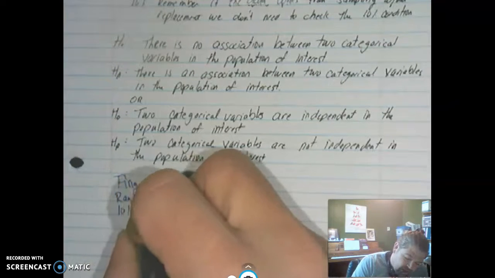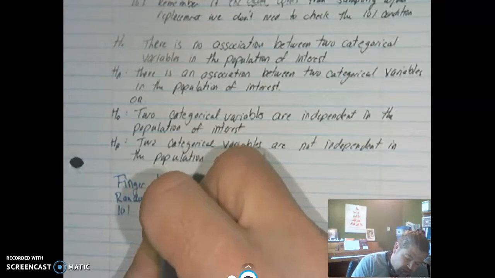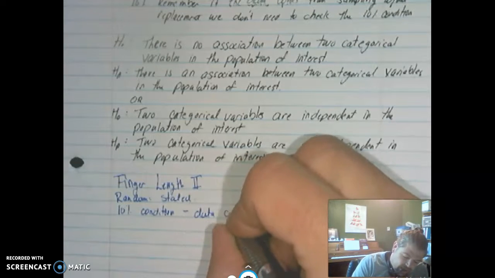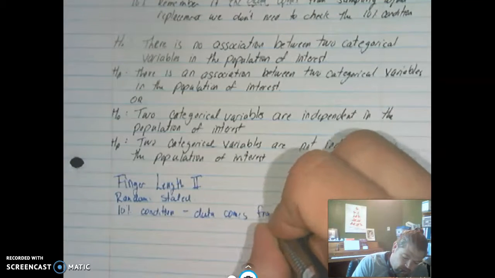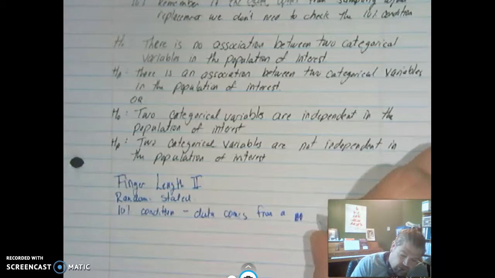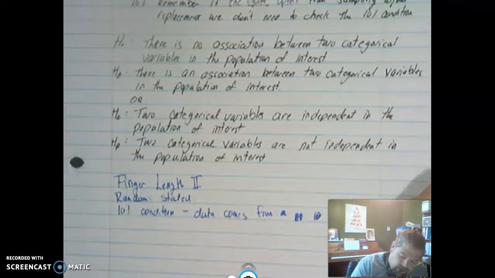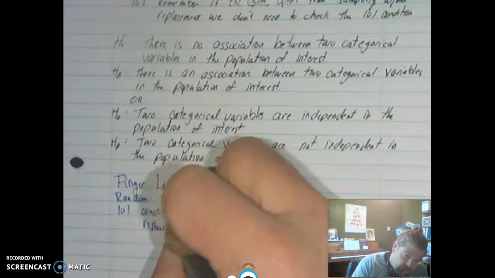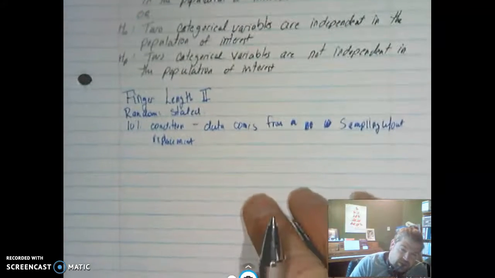Our 10% condition: the data comes from sampling without replacement. So it does not need to be checked.